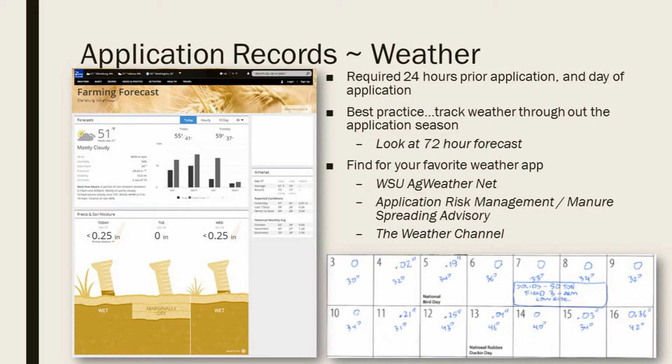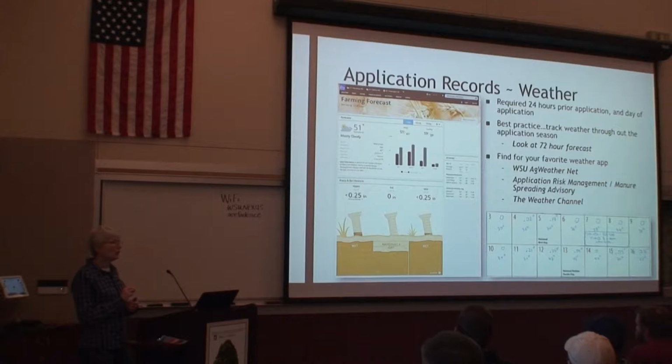one of the things that we are still seeing missing on our application records is a record of weather. So when you are applying manure, you are also supposed to be recording the weather 24 hours prior to the application and the day of the application. If you're talking about any kind of a winter application, maybe outside of the normal application parameters, we want you to look 72 hours out.